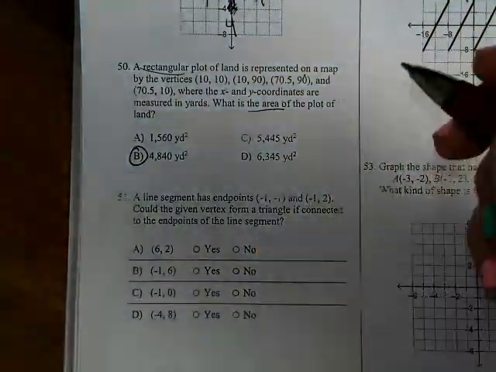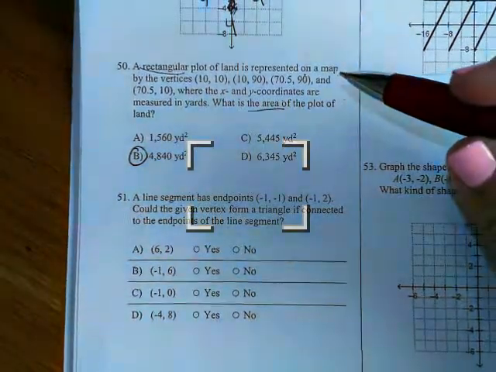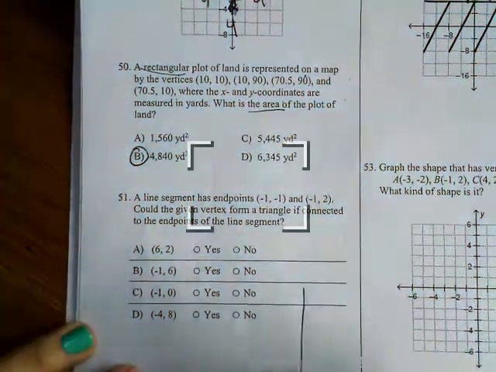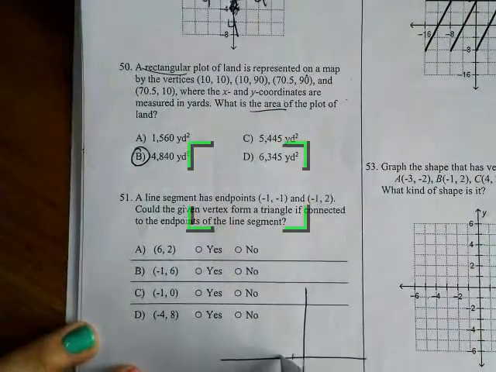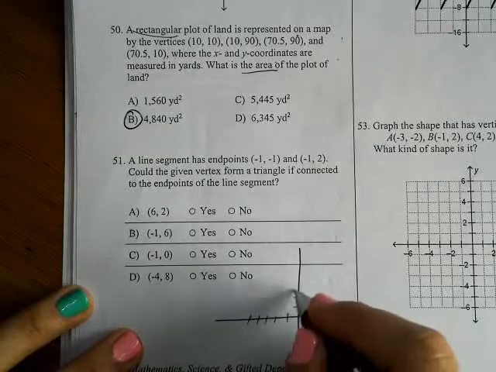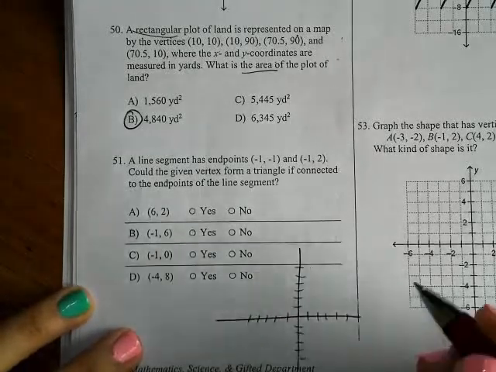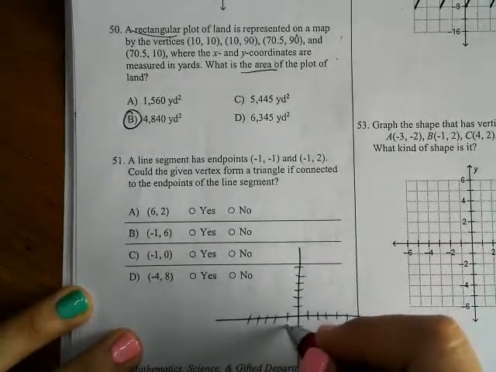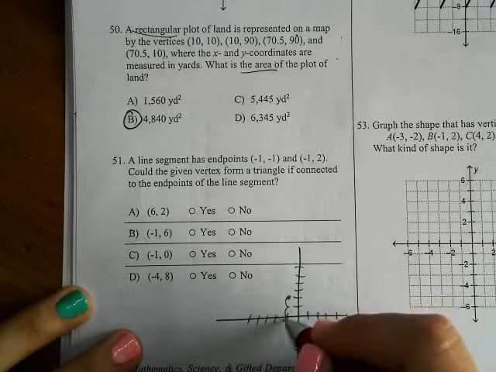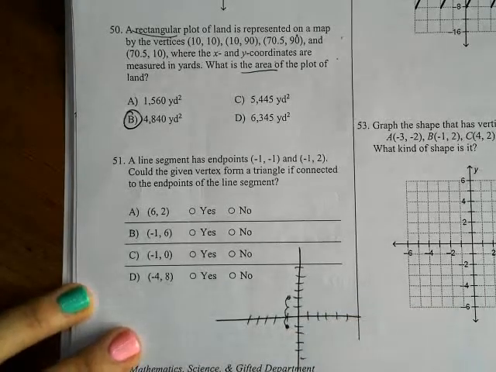A line segment has endpoints -1, -1 and -1, 2. So if I draw my coordinate plane here, and it's always okay for you guys to draw a quick coordinate plane. It doesn't have to be the best. If it's -1, -1 and -1, 2, that way you can easily count how many units they are apart.